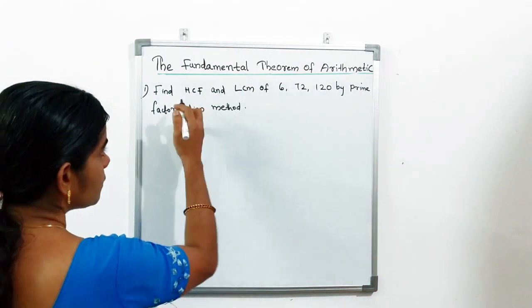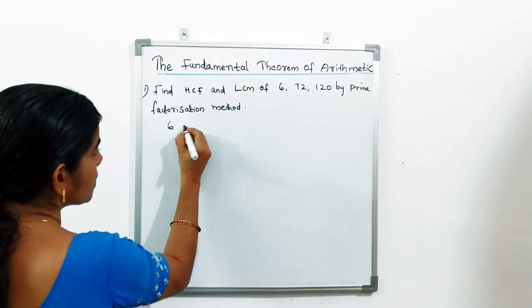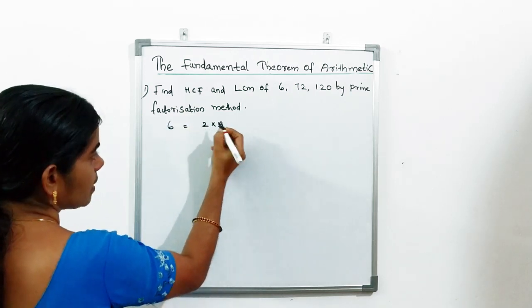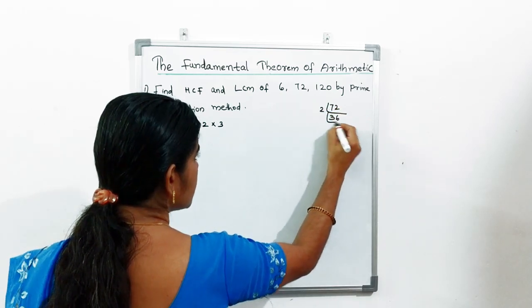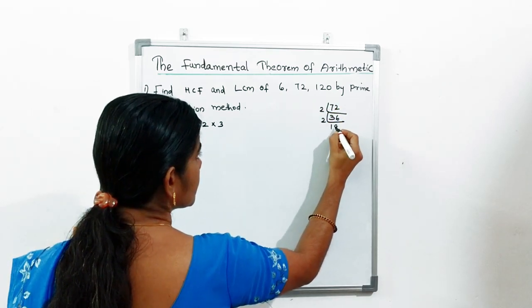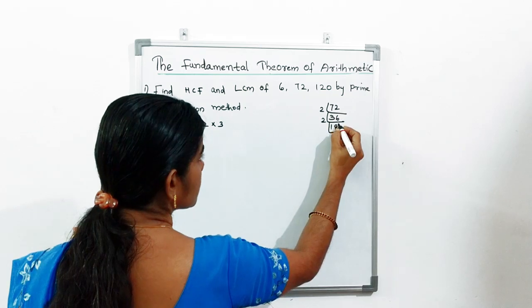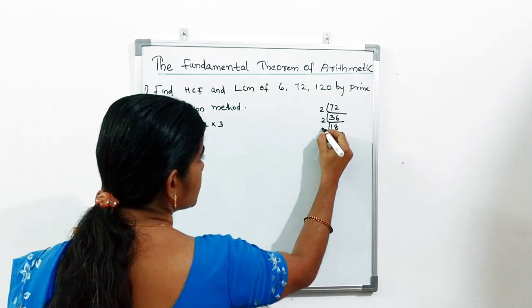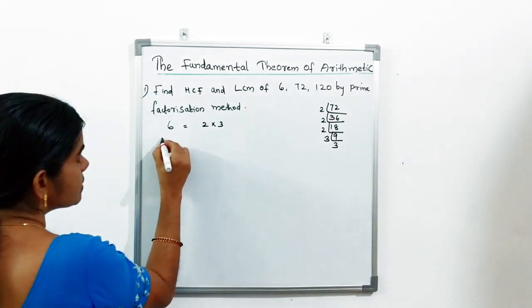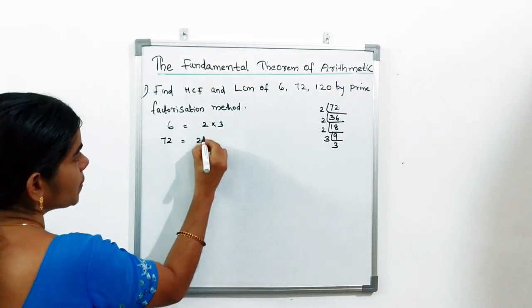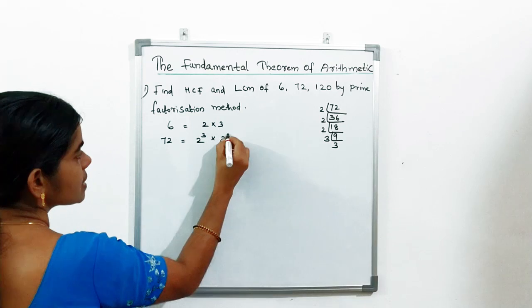First we can write 6 is equal to 2 into 3. 72 we can make 2, 36, 2, 18, 2, 9, 3, 3. Therefore 72 is equal to 2 cube into 3 square.